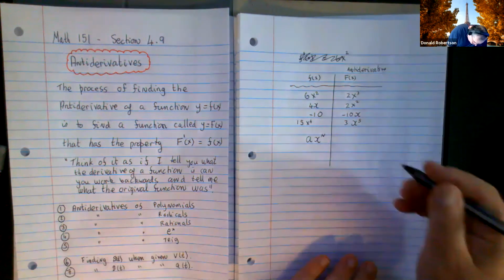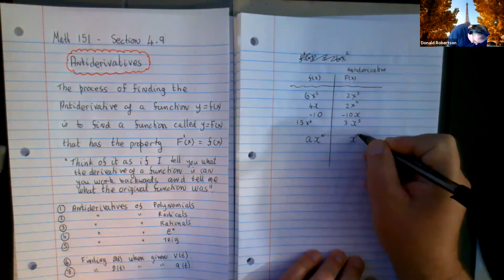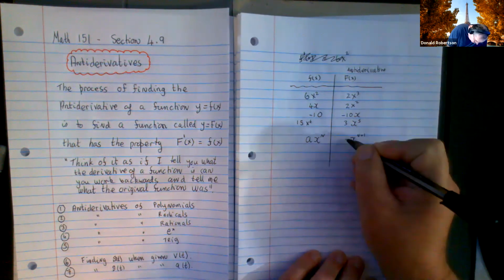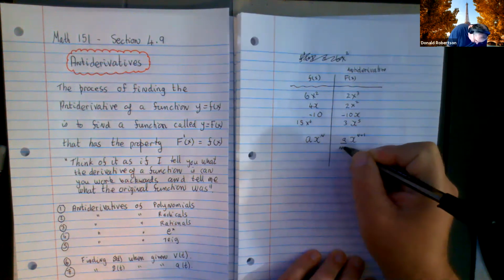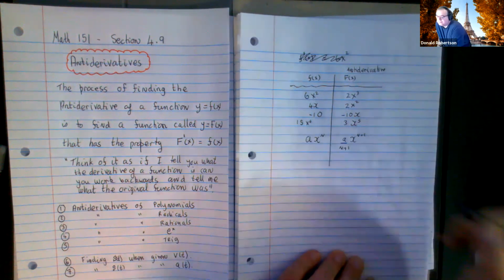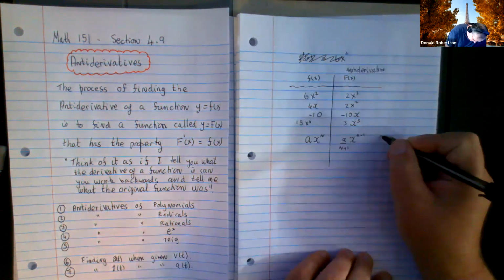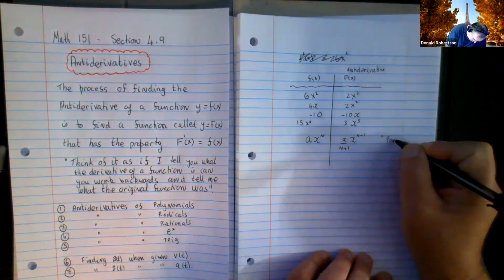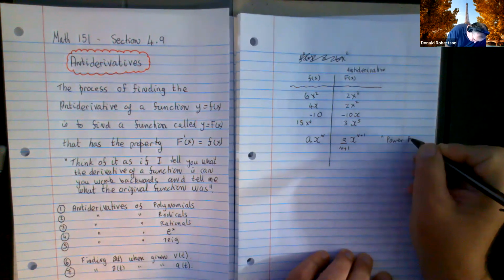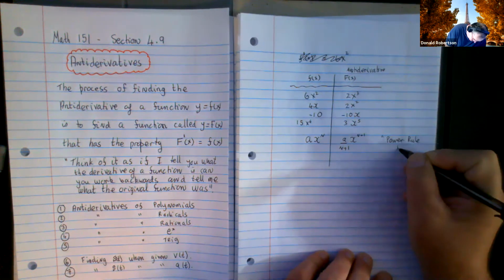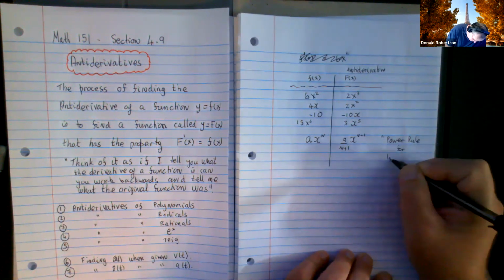Then what Zoe said was, you add 1 to the power, and then you divide by that new power. And this is called the power rule for integration.